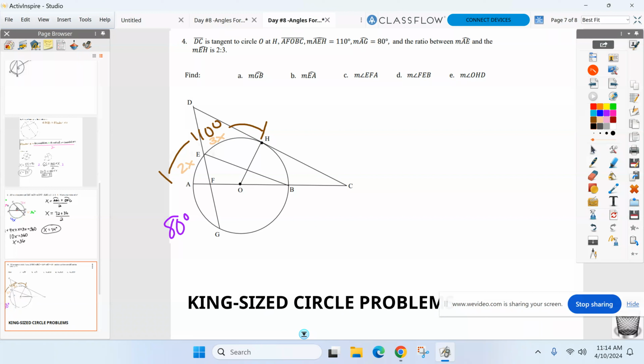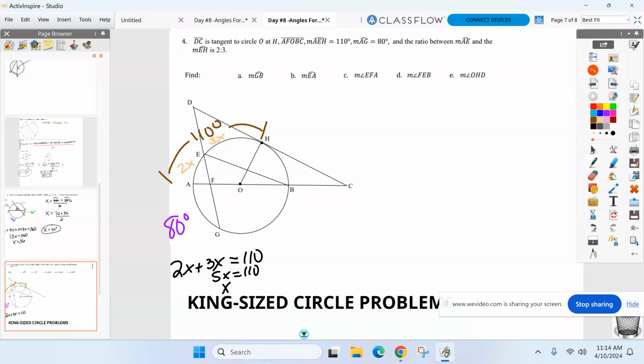Can we start by finding AE and EH? Add them together and set them equal to not 360 this time, but 110. Yep, that's what I was thinking too. Good job, everyone. So what do we got? 5x equals 110.